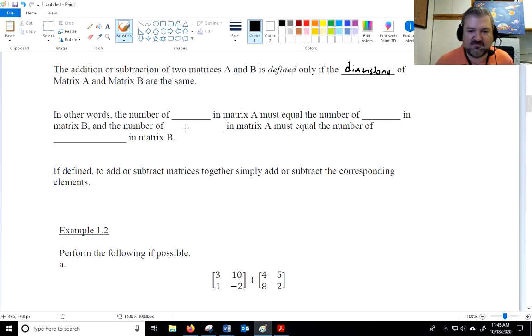In other words, the number of rows in matrix A must equal the number of rows in matrix B. And the number of columns in matrix A must equal the number of columns in matrix B. If defined, to add or subtract matrices together, we simply add or subtract the corresponding elements.